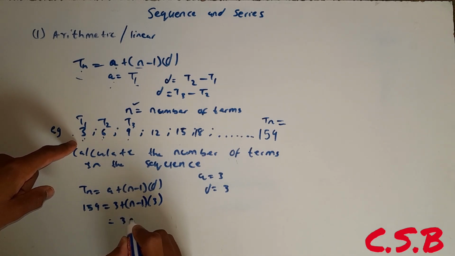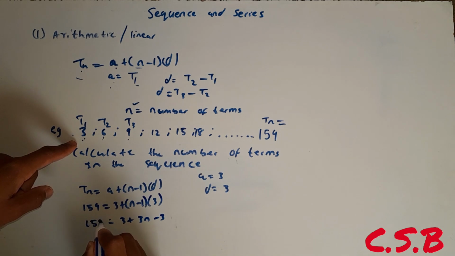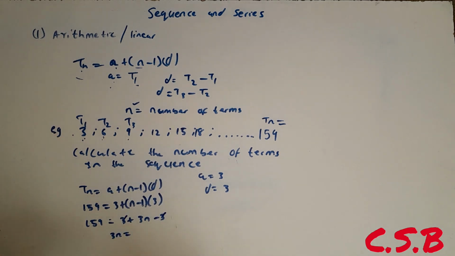So 3 plus 3n minus 3 equals 159. Then the 3 and minus 3 will cancel, and you are left with 3n equals 159. Then divide by 3. What's 159 divided by 3? That must be 53 if I'm not mistaken.